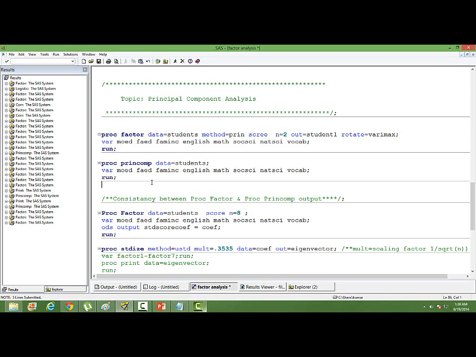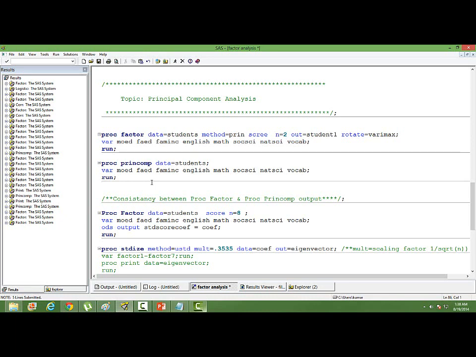You must be wondering, why do we have two procs for doing the same thing? Well, I also wondered the same thing when I learned it for the first time. So far as my knowledge goes, the two methods are there because both have flexibilities.